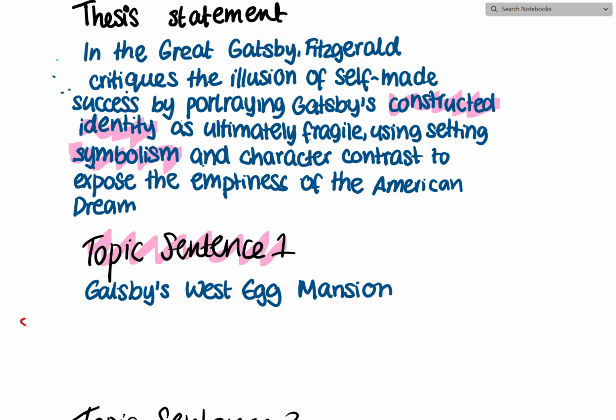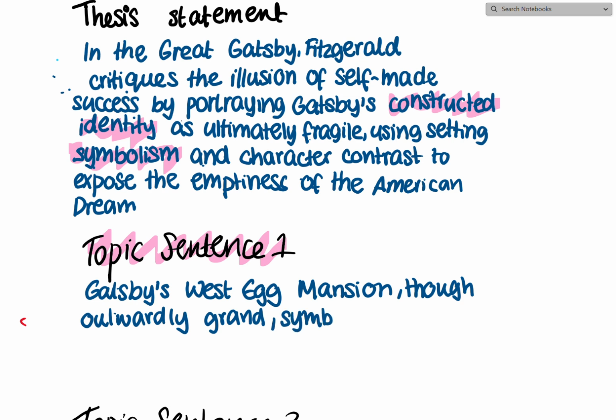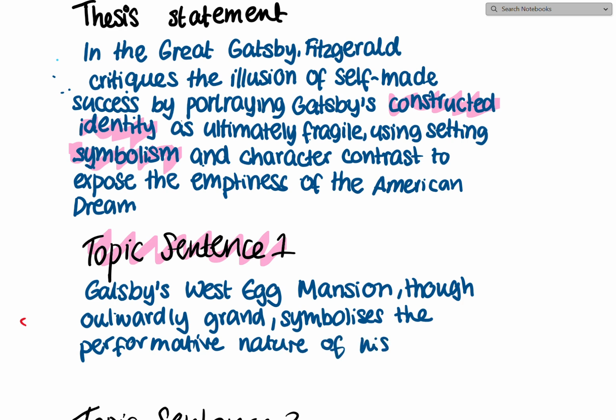So we could say Gatsby's West Egg Mansion, though outwardly grand, symbolizes the performative nature of his identity. So that's topic sentence 1 done.